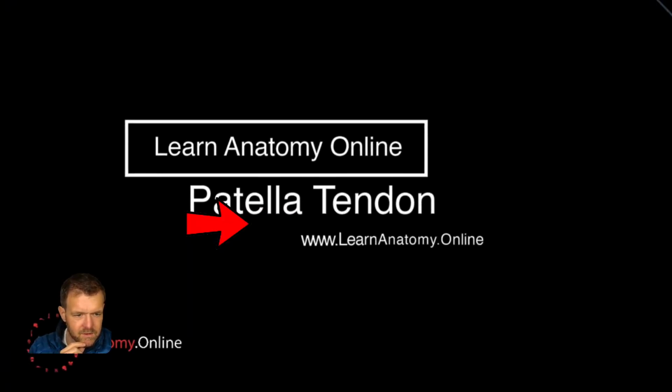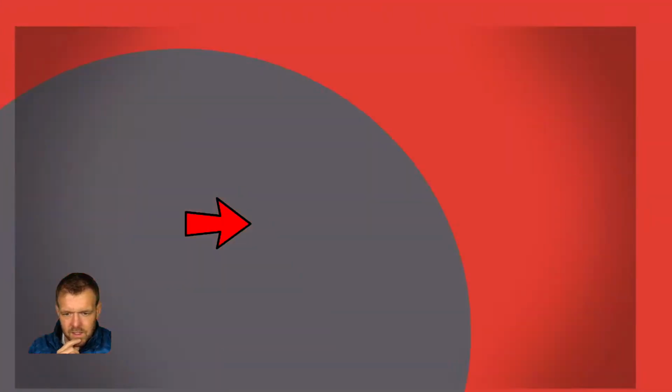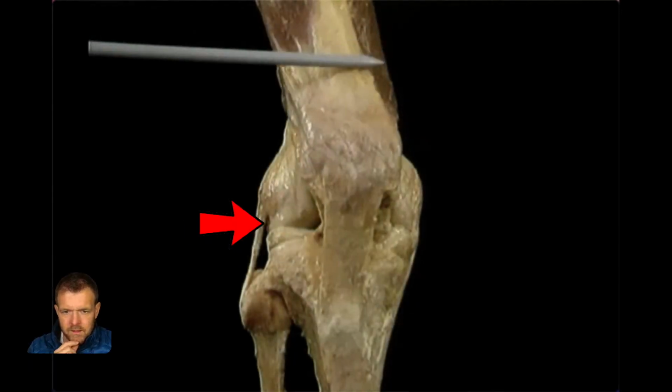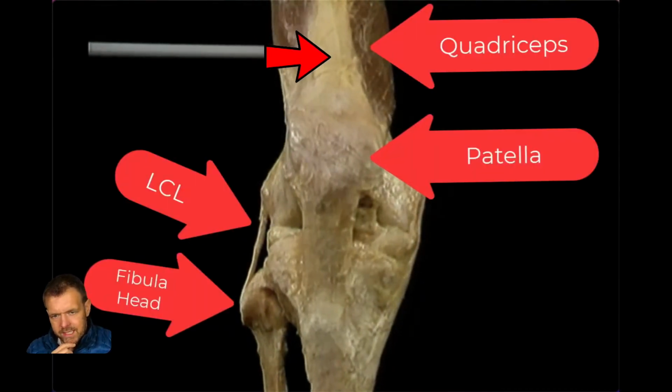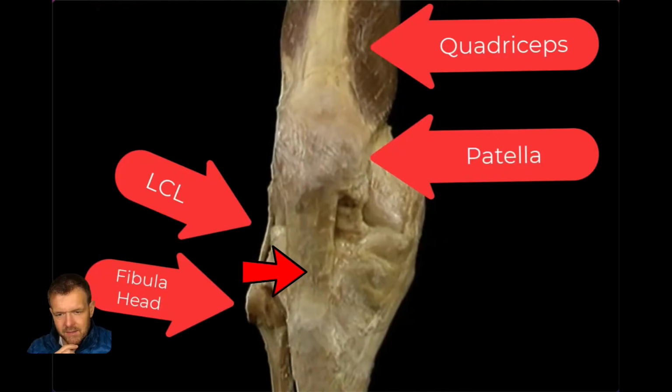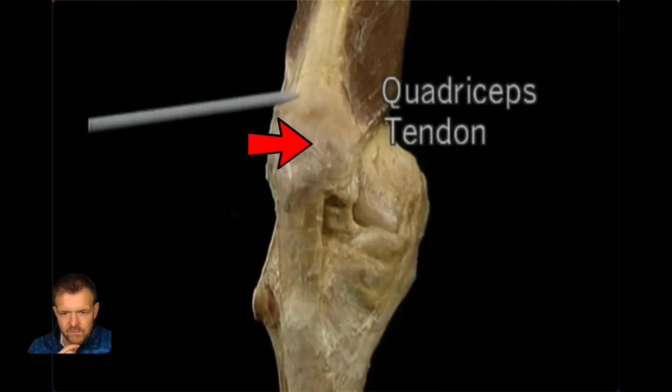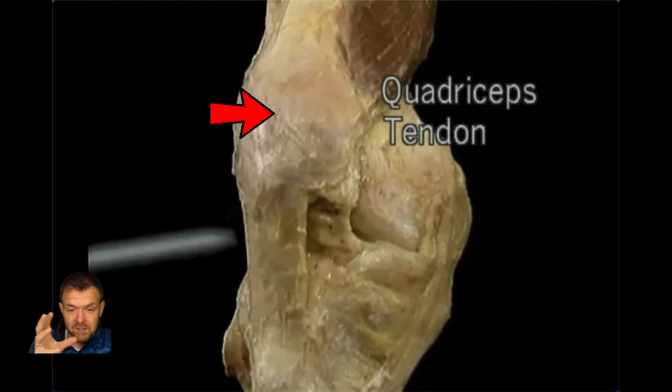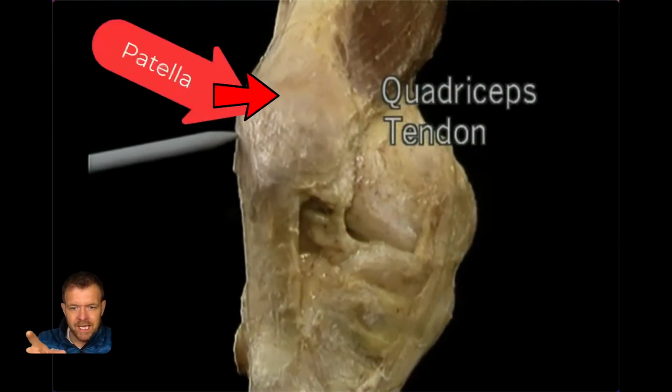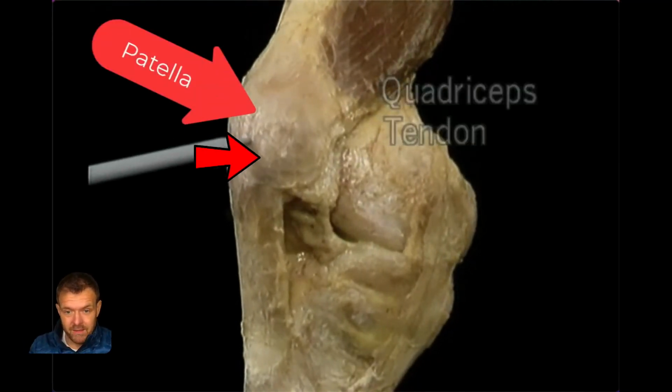Hold on, let me just play that one again. Okay, so quad tendon up here, there's your patella, and then the patellar tendon just here. The patella sits in the tendon, so it's all enveloped, so you can get a tendinopathy anywhere on that patella.